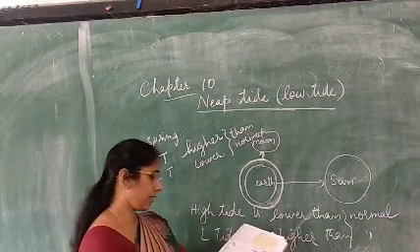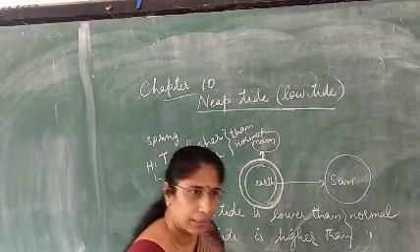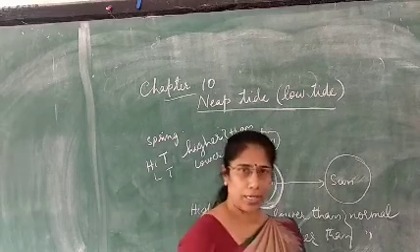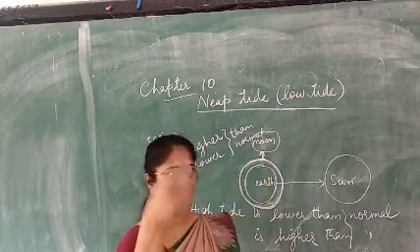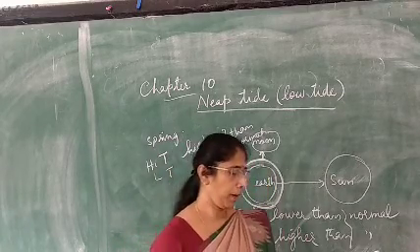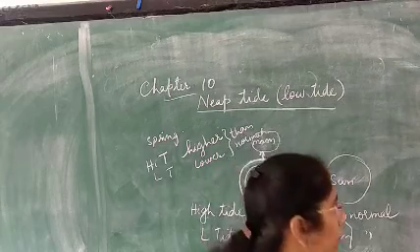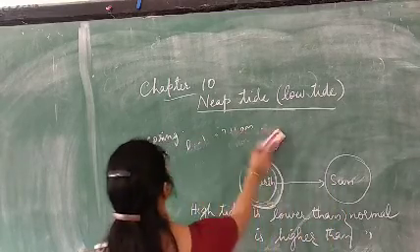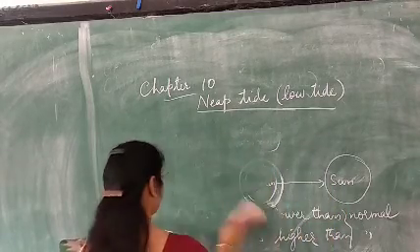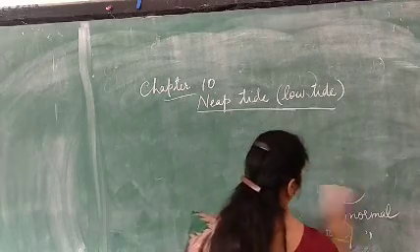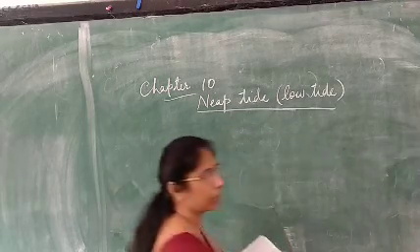Okay? Yes. And in the previous video I told the tidal range, the difference between the height of high tide and low tide. Now, what are the timings of these tides? What is the time difference between two tides?